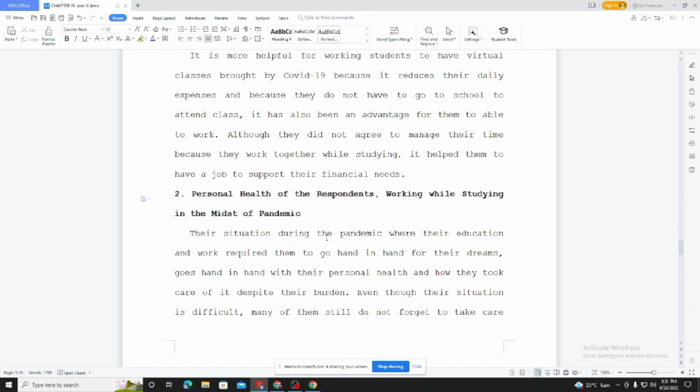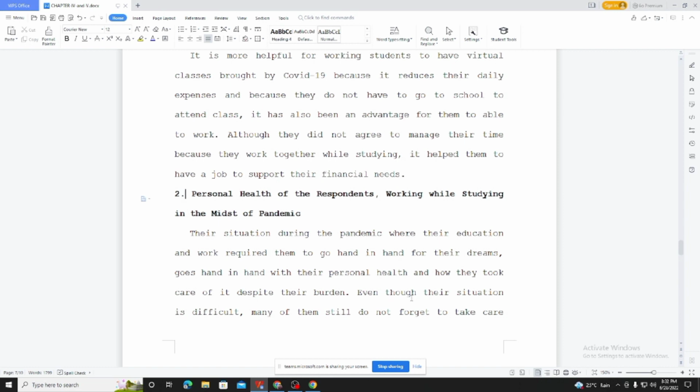Number 2. Personal health of the respondent. Working while studying in the midst of pandemic. Their situation during the pandemic, where their education and work required them to go hand in hand from their dreams, goes hand in hand with their personal health and how they took care of it.